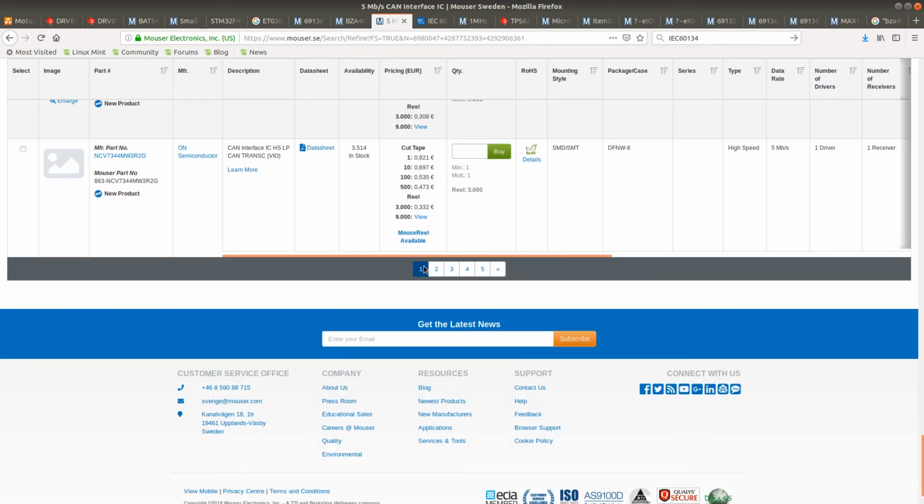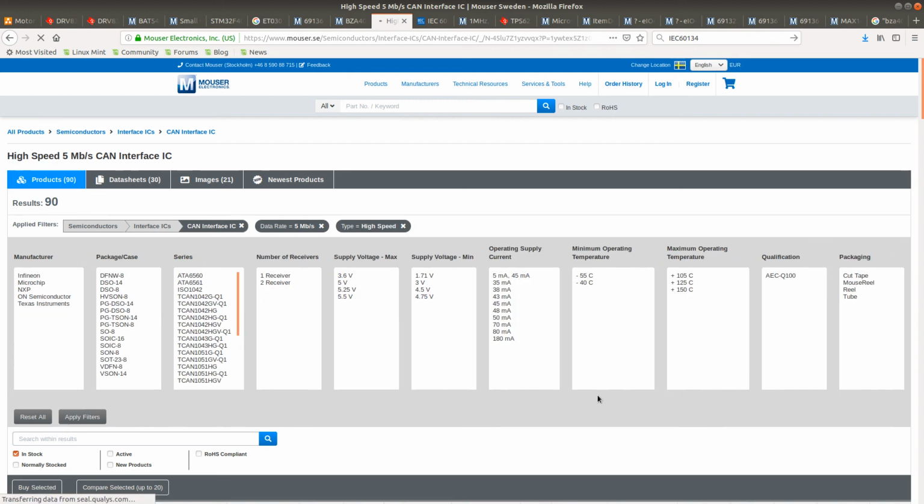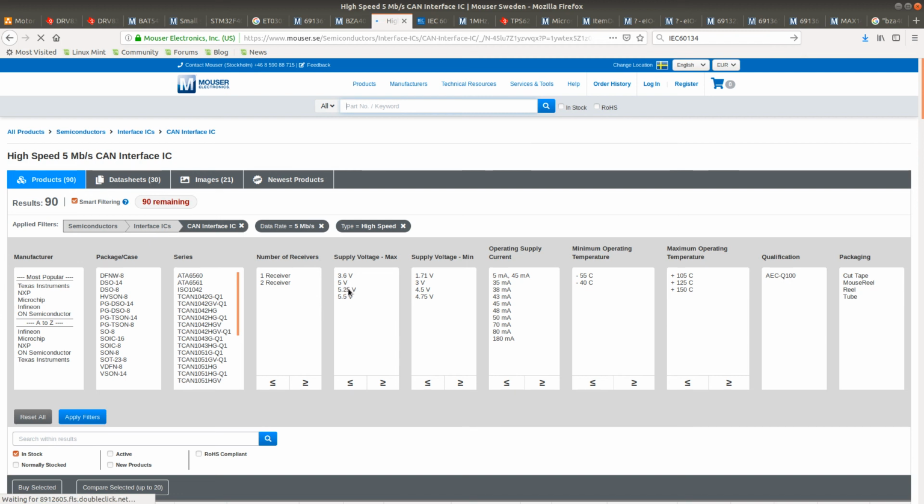TCAN, ISO, yeah, there's quite a few of them. And supply voltage, let's go 5.5 volts.